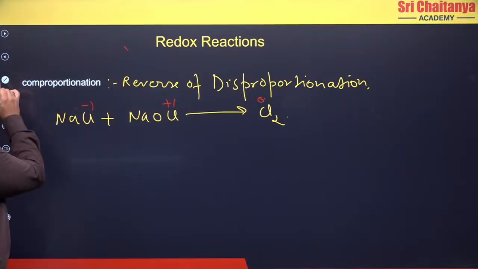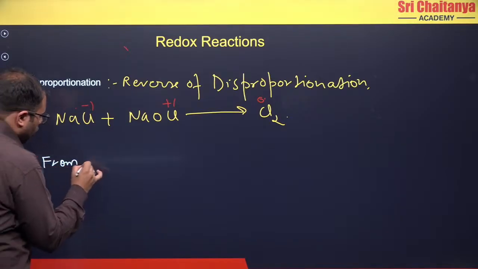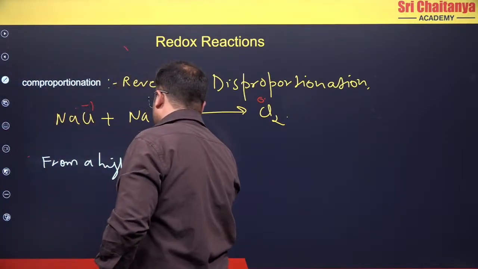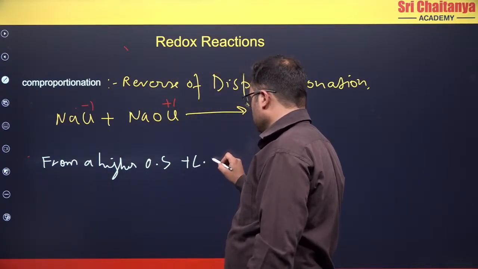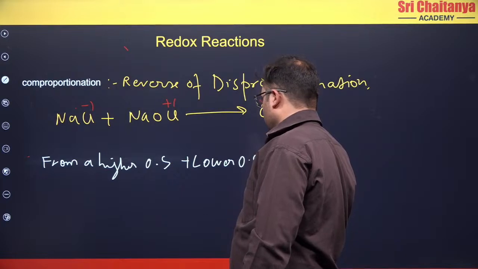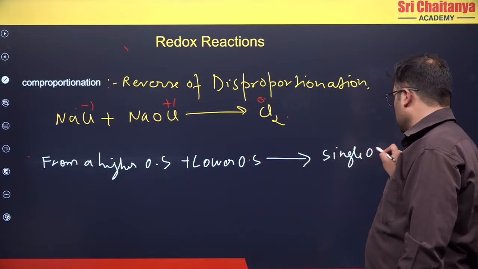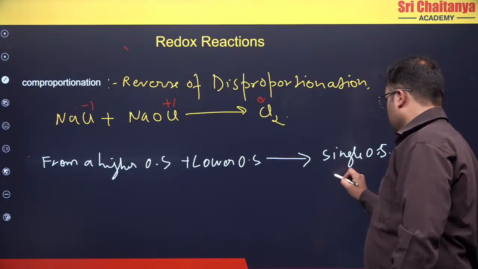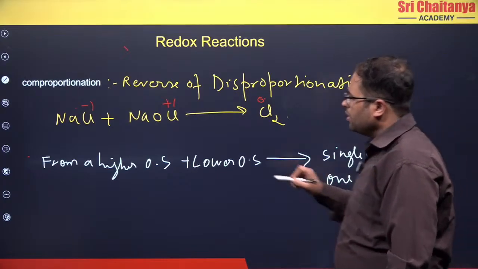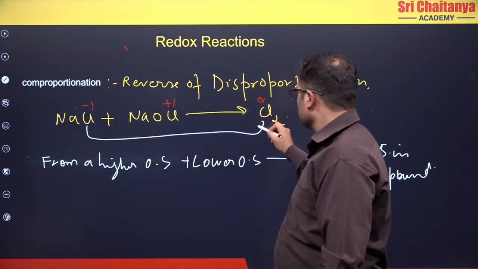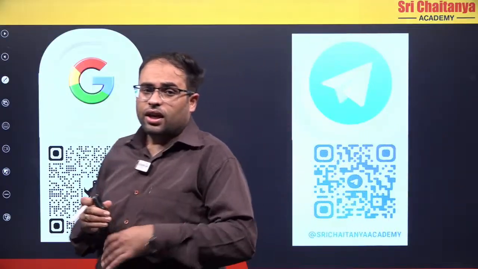So if I write, from a higher oxidation state plus lower oxidation state, in two compounds, you go to a single oxidation state in one compound, right? So you can see that this is called comproportionation. Now after this, it is an end.